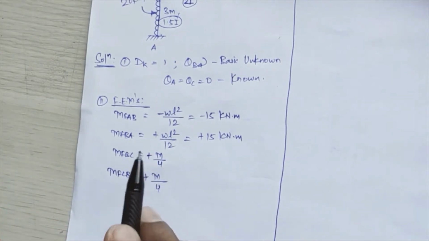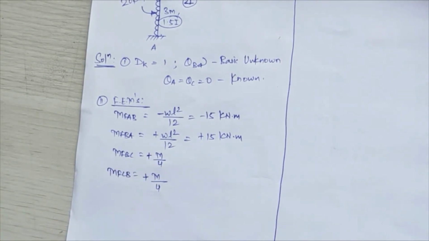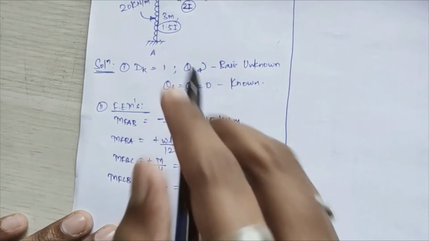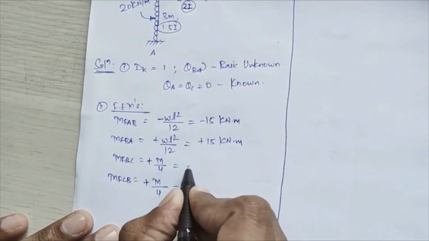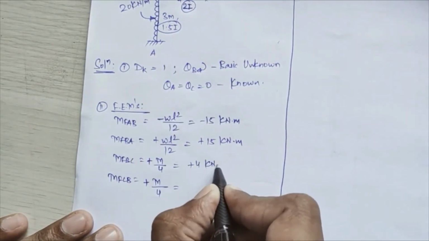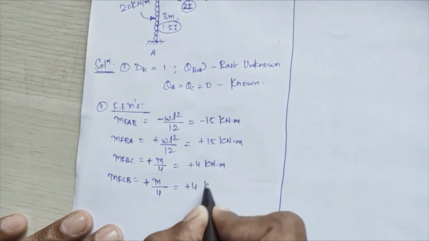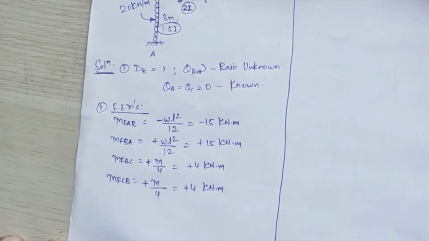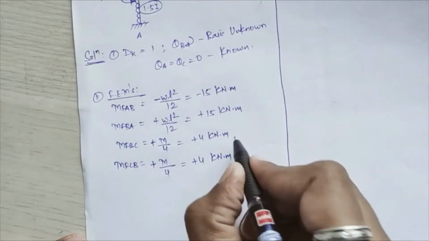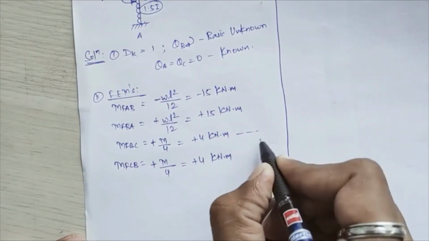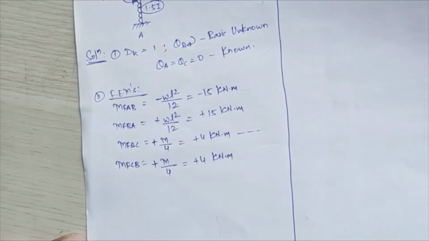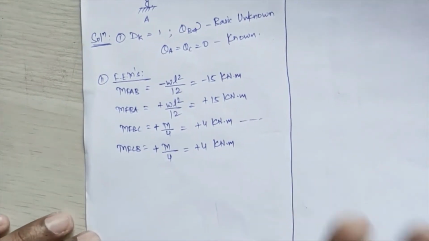Your sign convention depends on your acting moment direction. So this comes equal to M by 4, M is given as 16, so 16 by 4 comes equal to plus 4 kilonewton meter, and this also comes plus 4 kilonewton meter. Note down here: if moment is clockwise, consider it positive; if moment is anti-clockwise, consider it negative, simply.